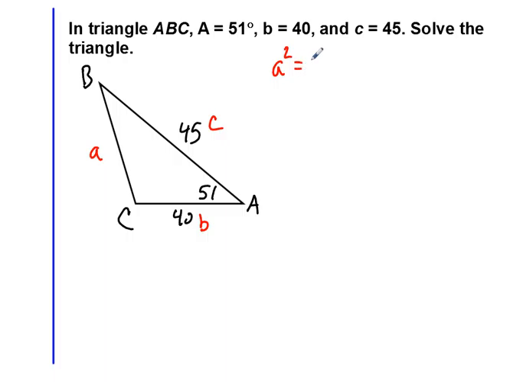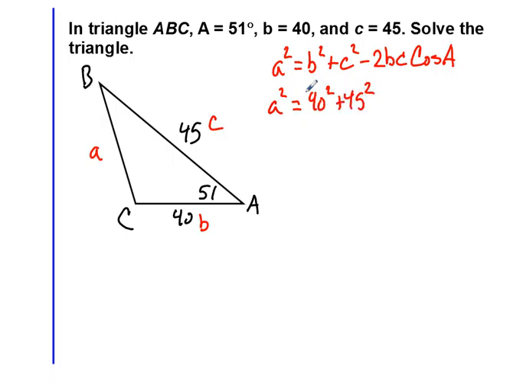A squared equals B squared plus C squared minus 2 times B times C times the cosine of angle A. Let's start the substitution. A squared is equal to 40 squared plus 45 squared minus 2 times 40 times 45 times the cosine of 51.